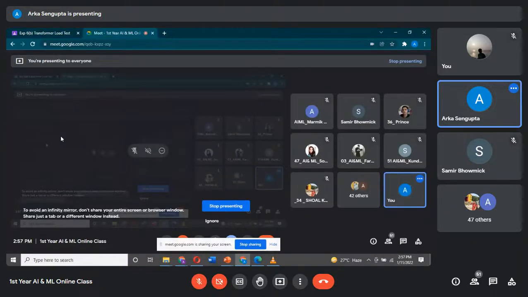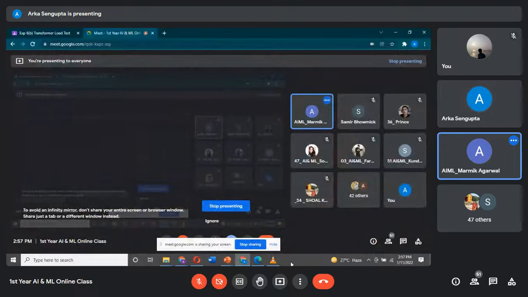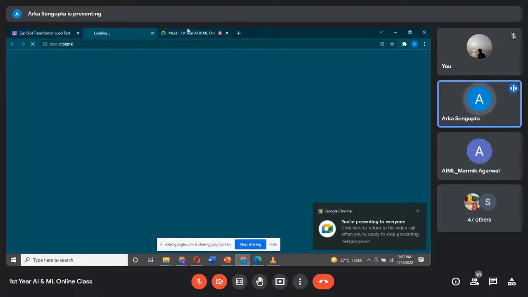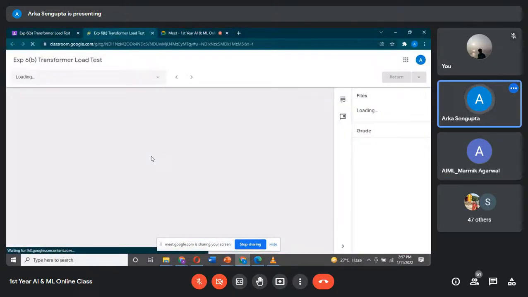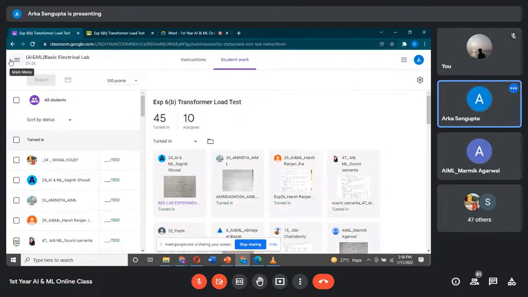This is all about the open circuit and short circuit test. Only one or two experiments are left for you. Sir, if there is any correction in device under test, do we have to do it? No, you do not need to write anything again for 6A from what you have previously written, device under test or apparatus table.